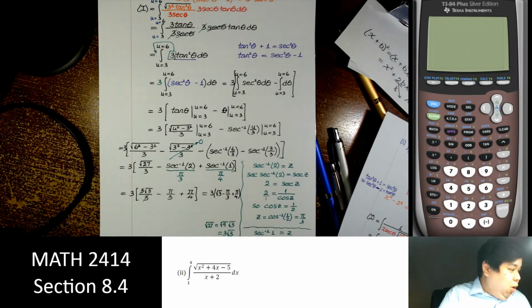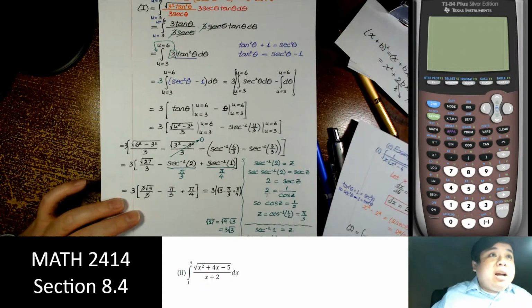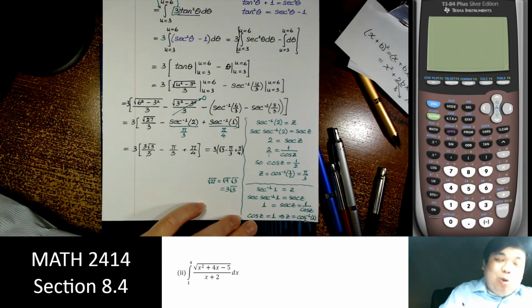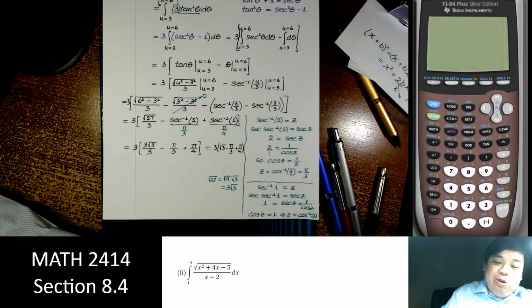Yeah, the problem is really complicated, and I make a silly mistake at the end. Sorry, because cosine inverse of 1 actually is 0.